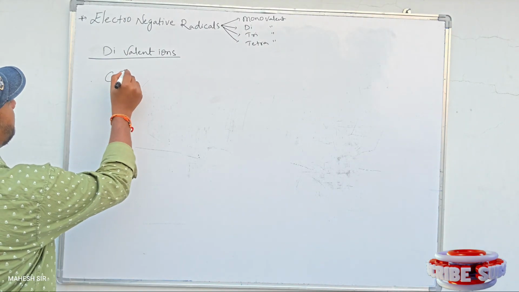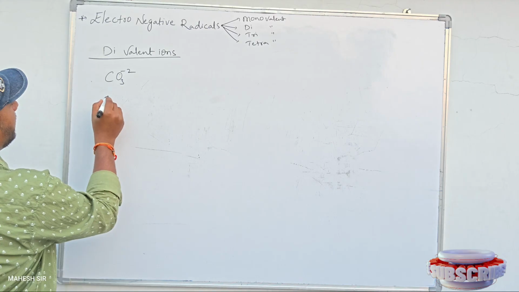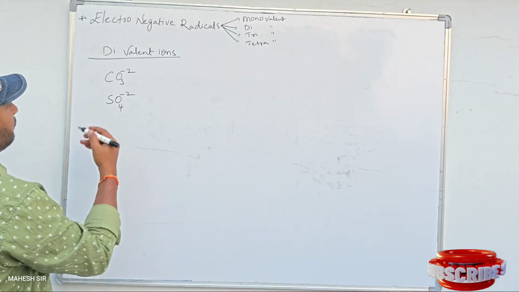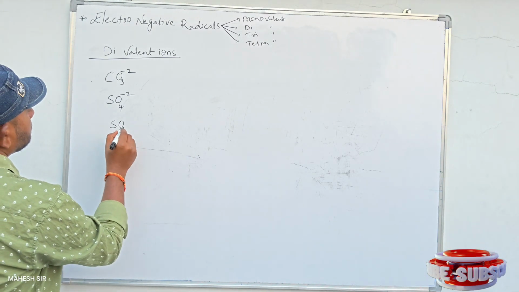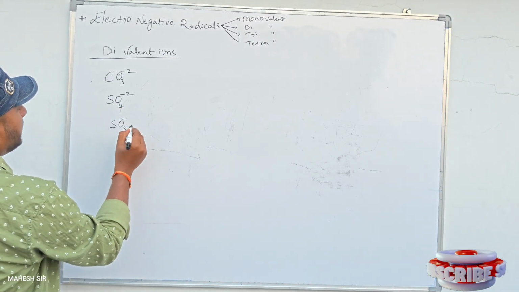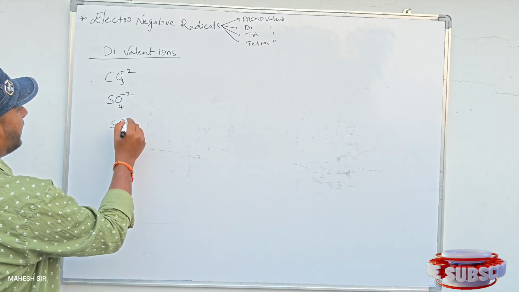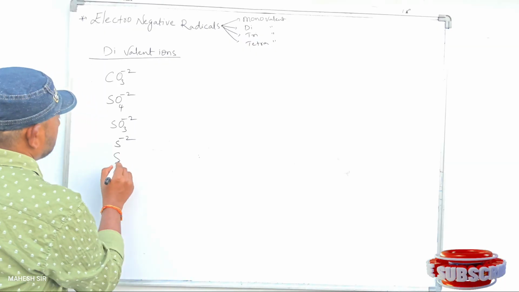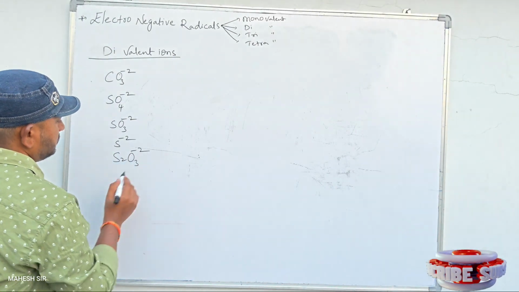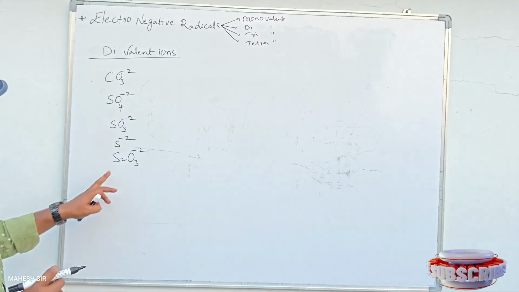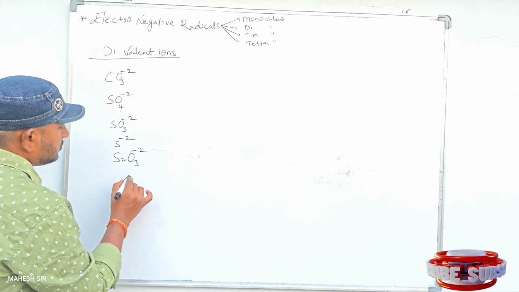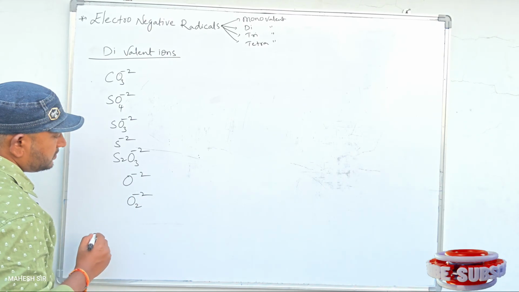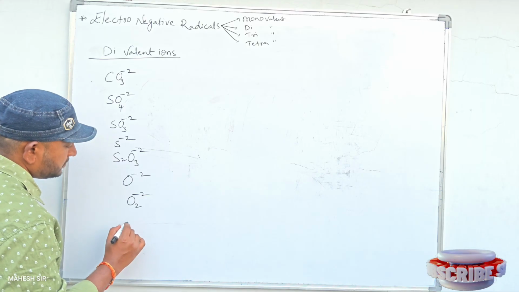Carbonate, CO3 minus 2, and sulfate, SO4 minus 2, and another one, sulfite, sulfide, S2O3 minus 2, thiosulfate, oxide, peroxide.